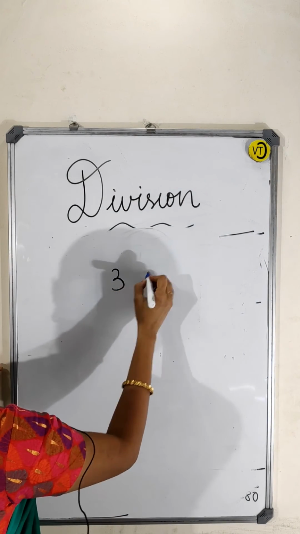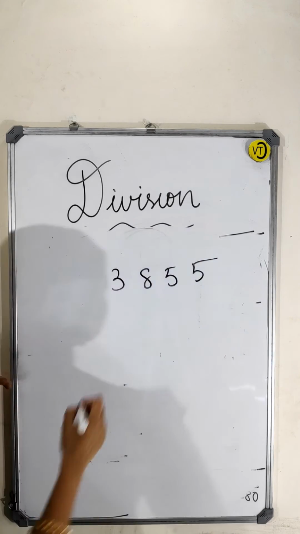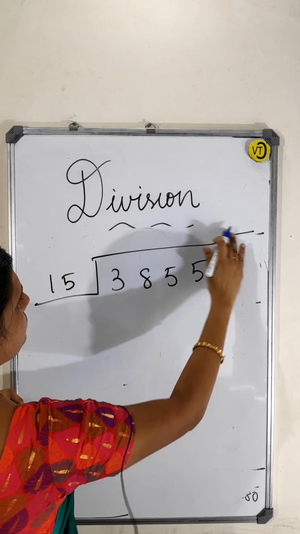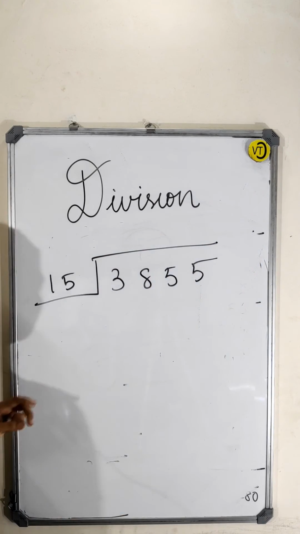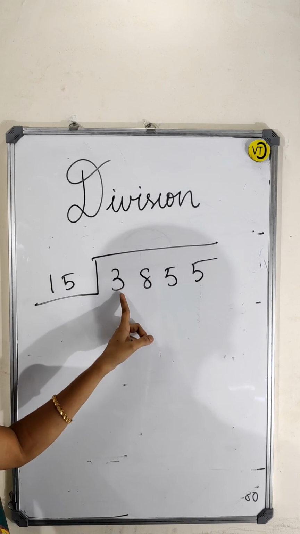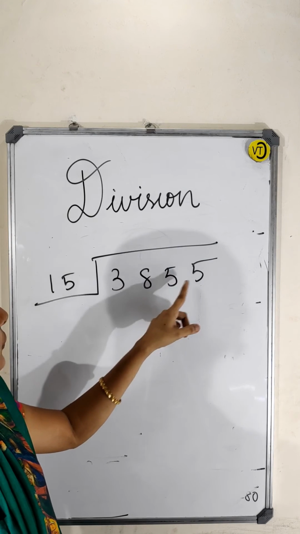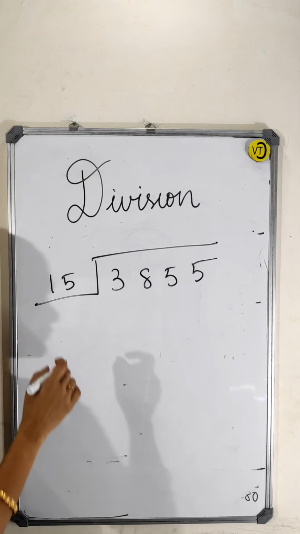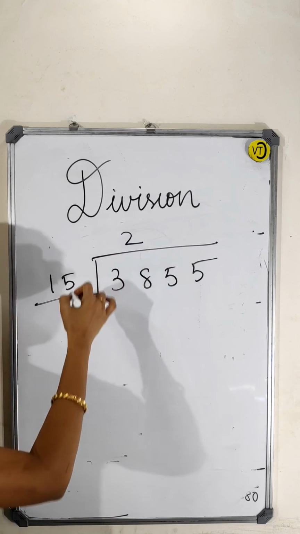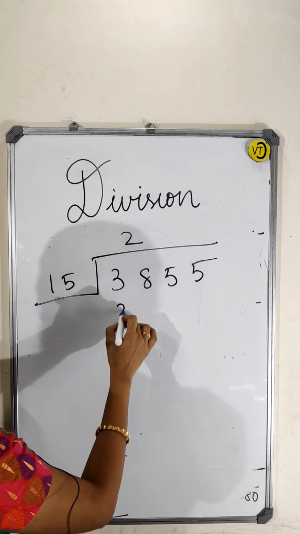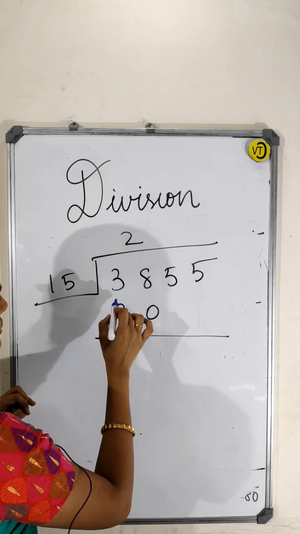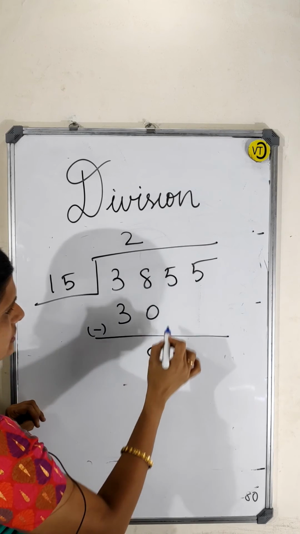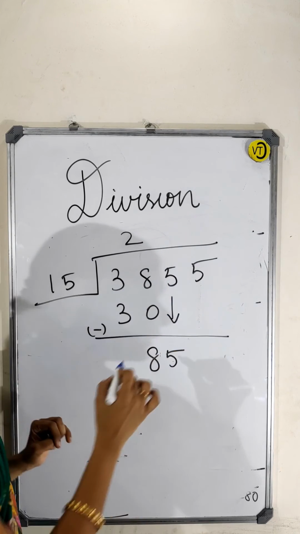Let me take any number. 3855 divided by 15. 15 table, 2 times of 15 is equal to 30. Yes. Then subtraction, 38 minus 30 is 8. Then bring this 5 down, 85.